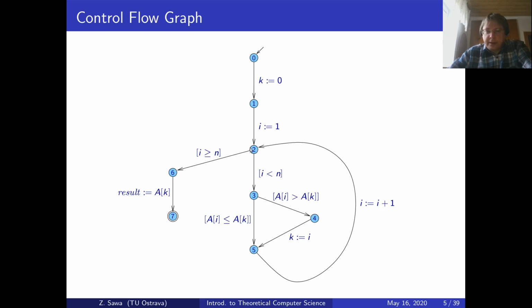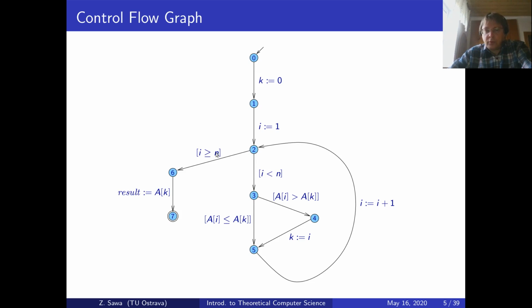And in this state 2 we have two branches which are labeled with conditions written inside square brackets, and the idea is that the one whose condition evaluates to true could be performed.